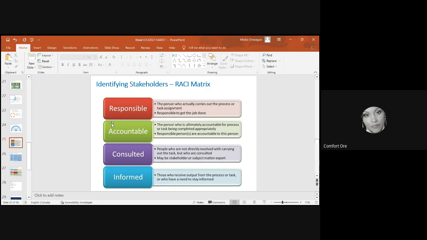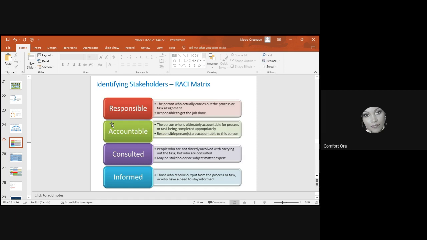The person who is ultimately accountable for a process or tasks being completed appropriately. Or on the other hand, it can also be the project manager. This person is the one responsible and accountable. The person who actually carries out the process or task assignments is responsible to get the job done.